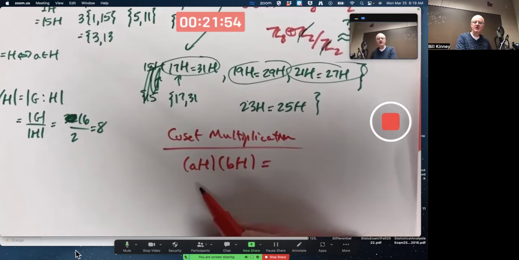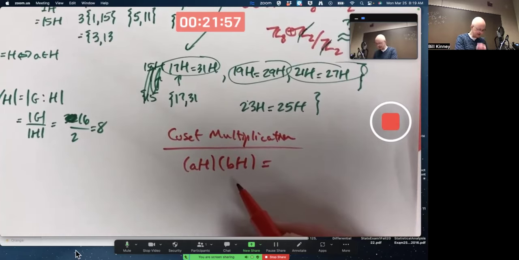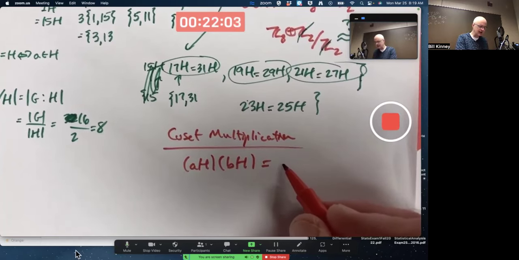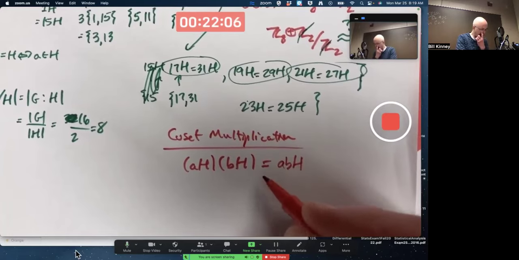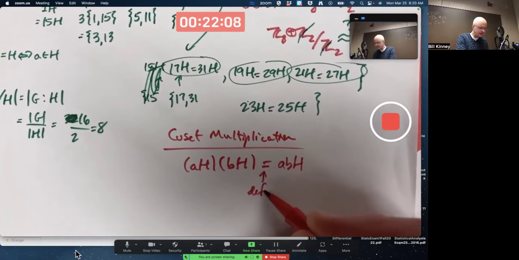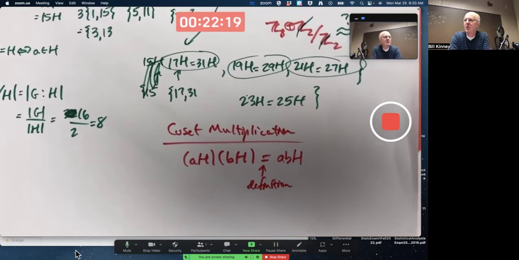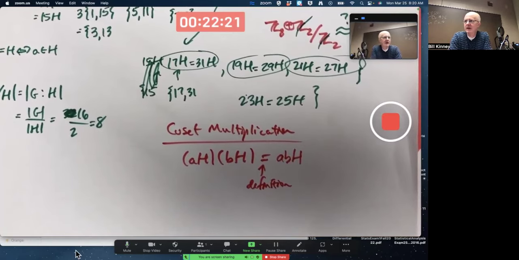The left coset of H in G containing A times the left coset of H in G containing B, by definition, is the left coset of H in G containing A times B. That's a definition. It's a definition that you have to prove is well defined. You've got to prove it makes sense. I do that in the lectures. The book does it. You should be able to do that proof too.